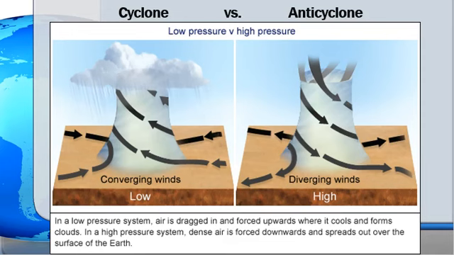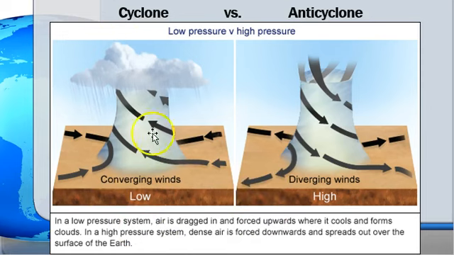Now, this also causes a couple of patterns in the winds. So there's two types of patterns. There's a cyclone pattern and an anticyclone pattern. And the difference comes down to differences in pressure once again. So a cyclone is basically caused by low pressure. And low pressure is going to make the air rise up.